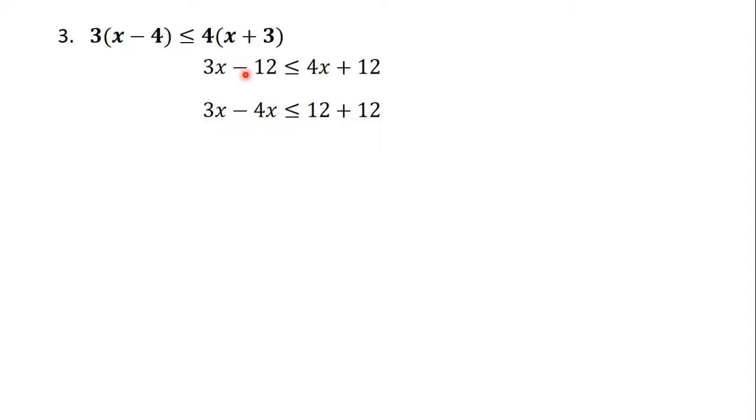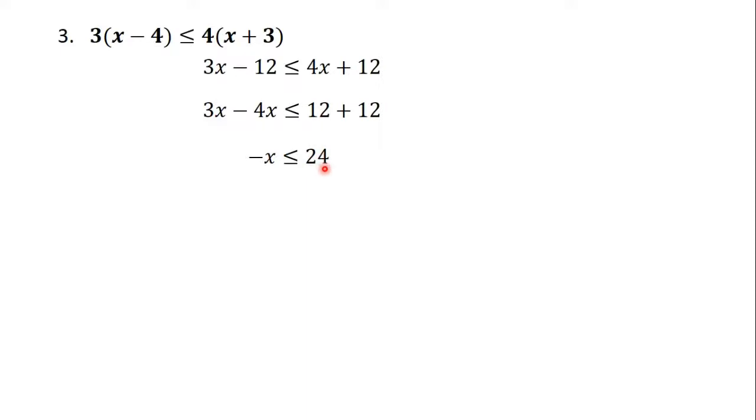This 12 is negative, so when it crosses to that side, it also becomes positive, so plus 12. 3x minus 4x: if you watch the video on addition and subtraction of algebraic expressions, you will see that 3x minus 4x is minus x. Then less than or equal to 12 plus 12, which is 24.